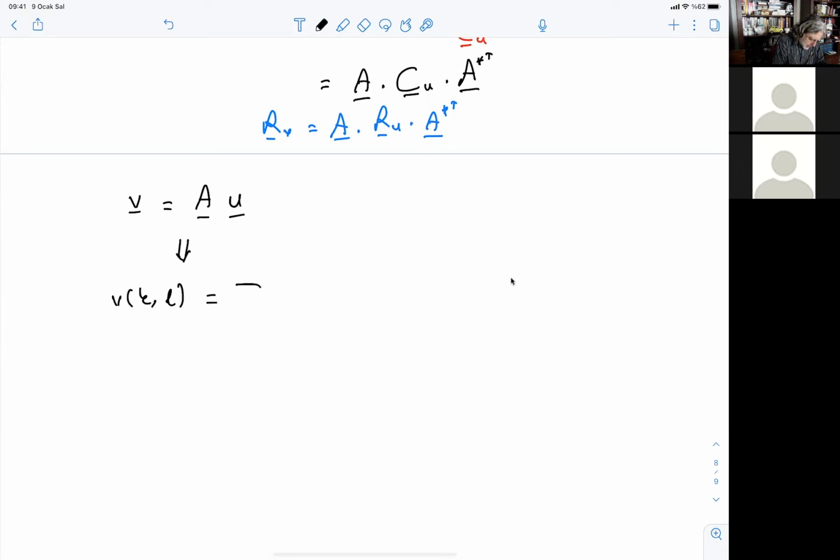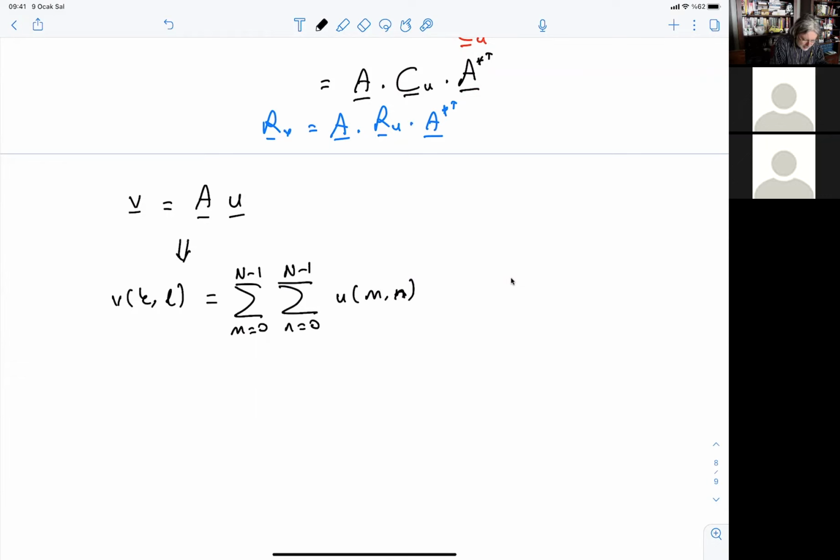We can write it like this is a double summation this time over M, let's say, and N. We have U of M and N, which is a 2-dimensional image. So its transform is also 2-dimensional. And U of M, N is the original image that we have, which we are trying to transform.